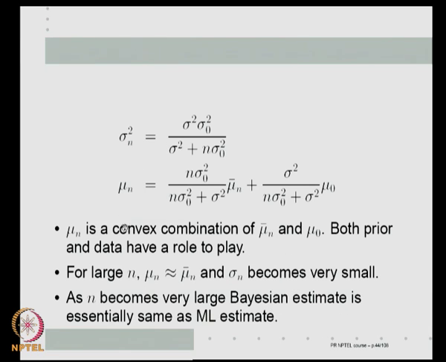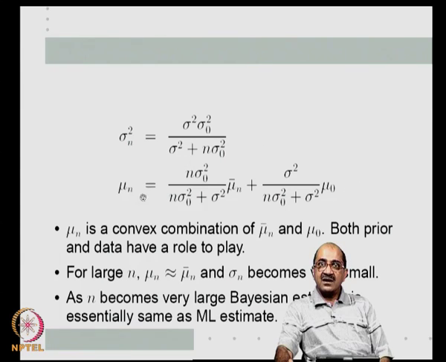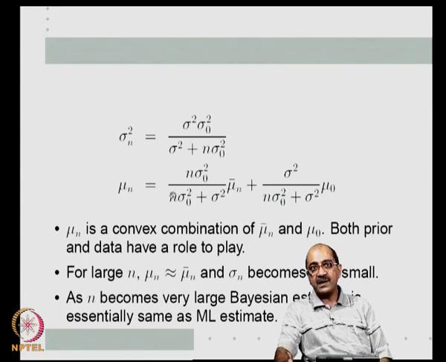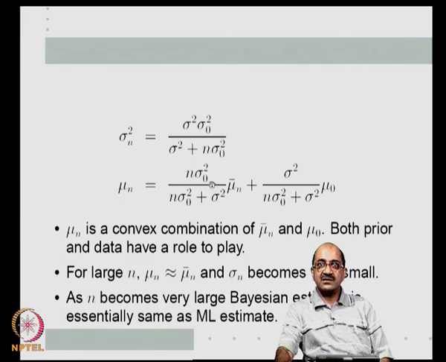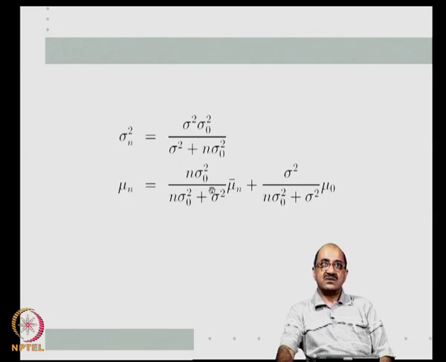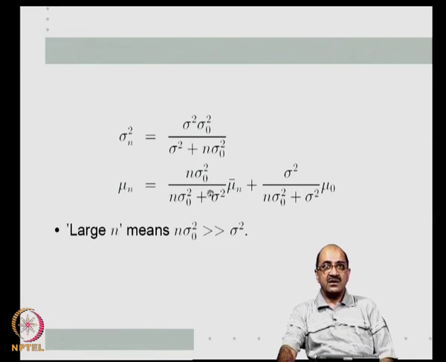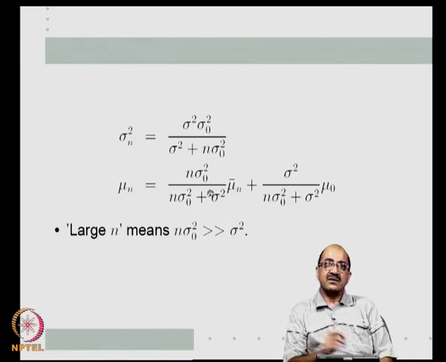But at any reasonable n, the actual mu n is a convex combination of mu n bar and mu 0. That means both prior and the data have a role to play. Actually, we can see it even a little more by asking, how large is large for n. So, these are our sigma square n and mu n. What does large n mean?